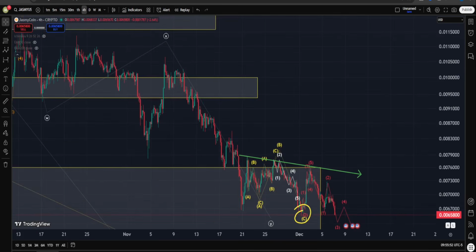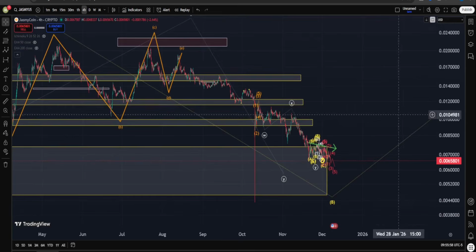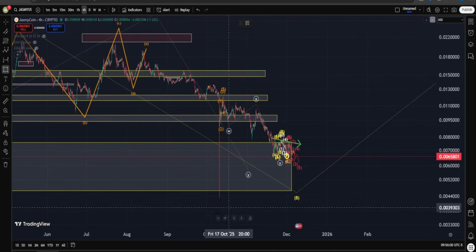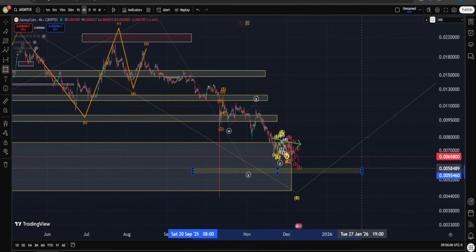Now, why did I choose 15 to 17% move down? Because somewhere between 0.55 to about 0.6 of a cent in Jasmy, we actually have a bit of a daily strong support inside of this important cluster of support areas.